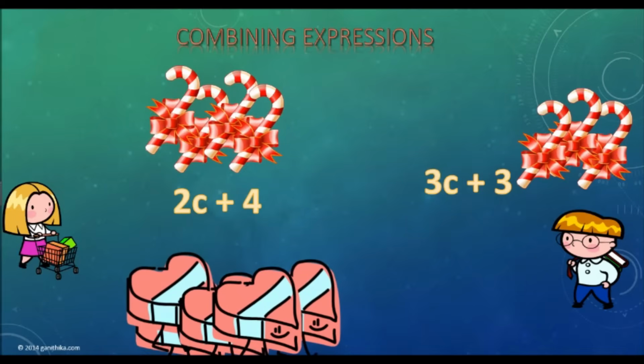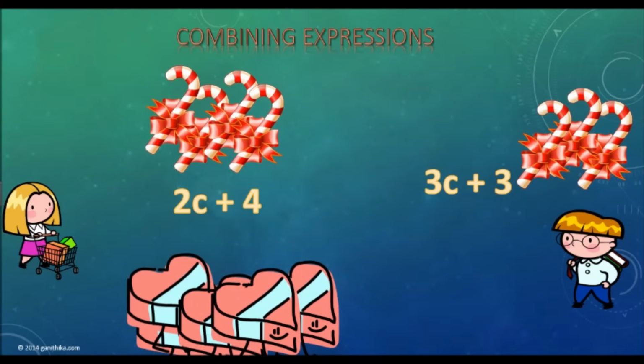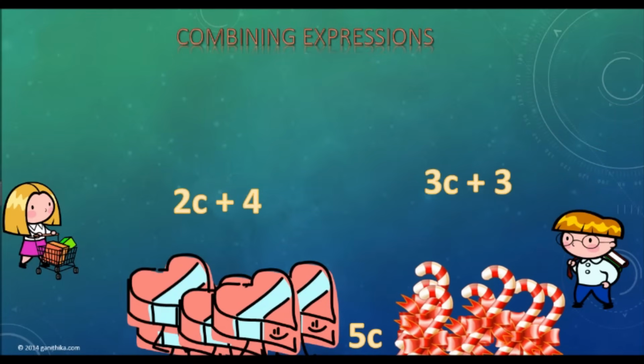Now, what happens if they want to carry them together? Totally we have five candy boxes. Therefore, we have 5C candies inside these boxes, and we have seven extra candies, right? So the total would be 5C plus 7.